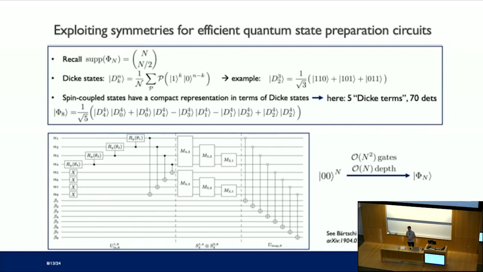They're the ones with an even superposition of all the computational basis states with a particular Hamming weight. And it turns out you can map these spin-coupled states to something looking like Dicke states or linear combinations of tensor products of Dicke states, and therefore you can use the same state preparation circuits with some modifications. So effectively giving you efficient circuits with n squared number of gates and O(n) depth for preparing these states. So we avoid the state preparation bottleneck in that way.